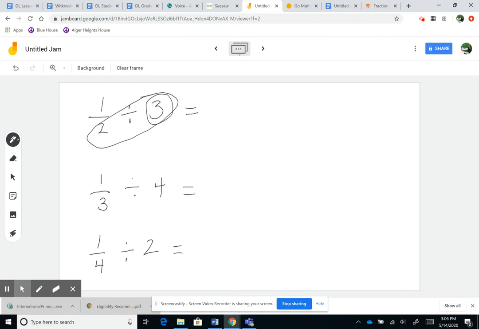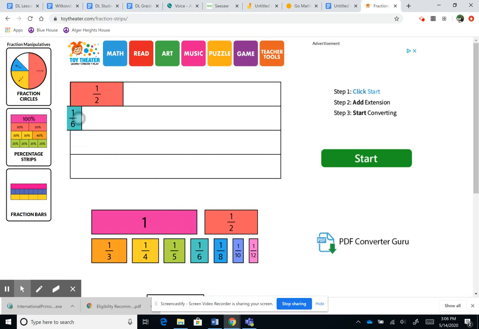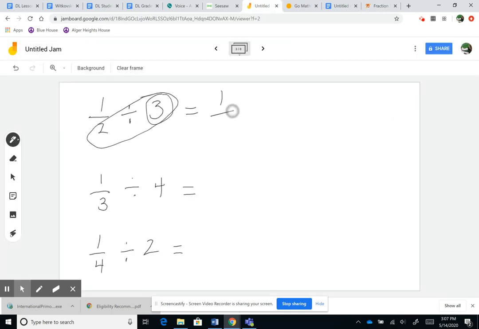So 3 times 2 is 6. I'm going to come back here and take my 1/6 fraction tile, and look how many I've got: 3 equal pieces. So when you have 1/2 divided by 3, the answer is going to be 1/6, because we want to know one of those, not all of them together. So it's 1/6.